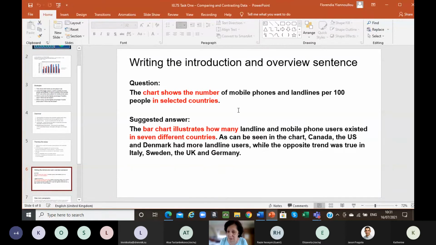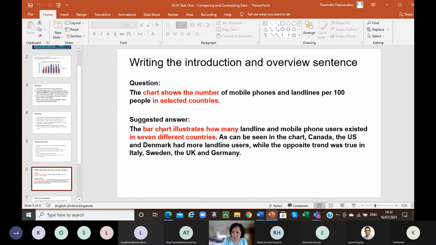If you want, you can put cell phones. You can use the American. And don't forget, in this exam, you can use American or British English or Australian or whatever, because it's an international exam. So if you want, you can change that to cell phones, but it doesn't matter if you leave it as mobile phones. You can adapt that by changing the word order.